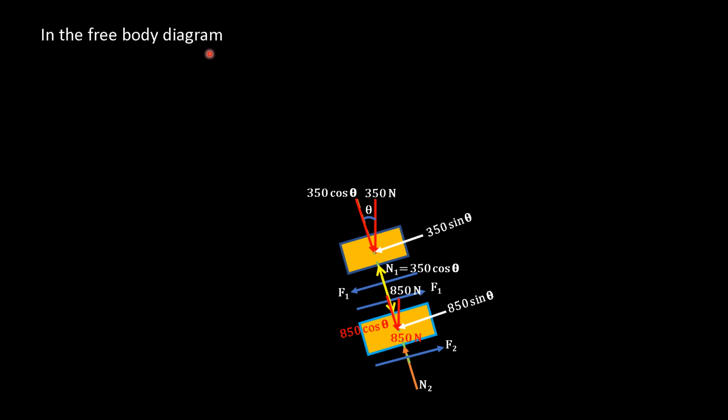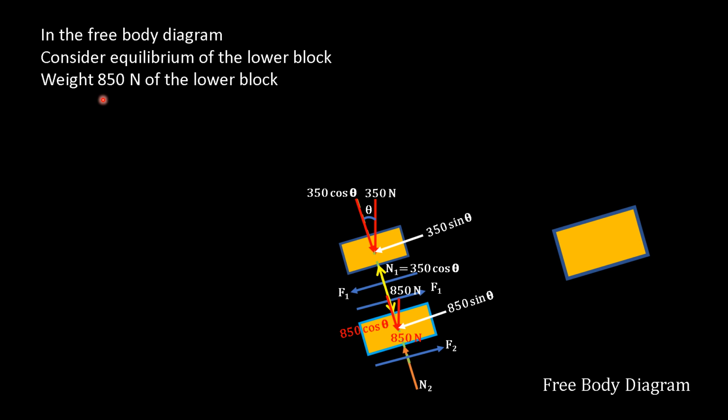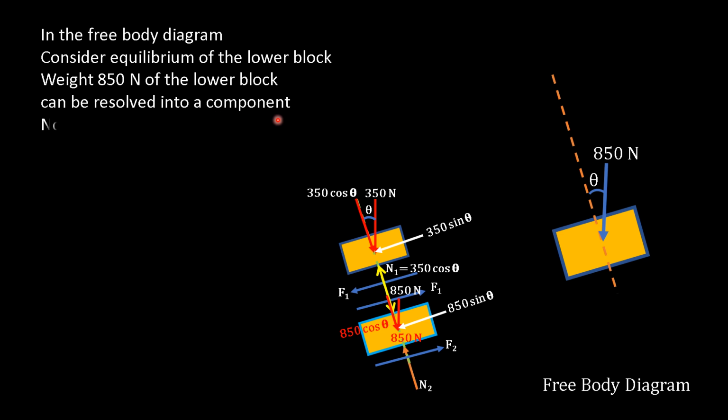In the free body diagram, consider equilibrium of the lower block. Weight 850 Newton of the lower block can be resolved into a component normal to the inclined surface, which will be 850 cos theta.